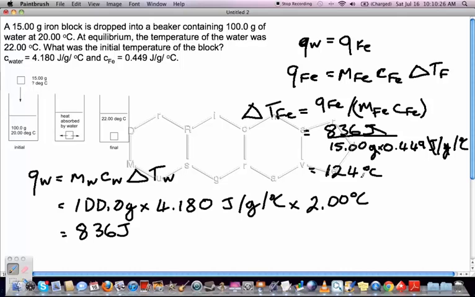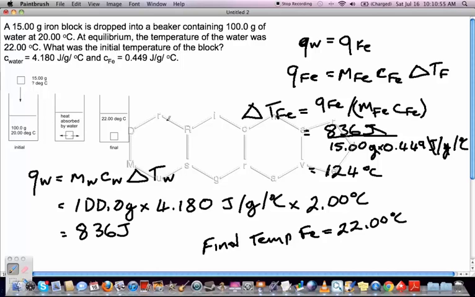Alright, so now we can figure out what the initial temperature of the block was. We know what the final temperature of the iron is. The final temperature of the iron is 22.00 degrees Celsius.